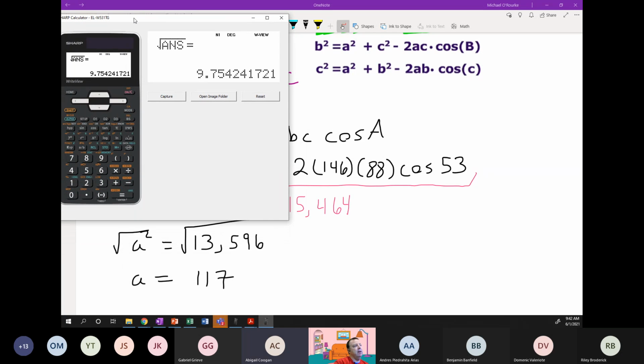So try to type it in like this, Abigail. Just go -2 times 146 times 88 times cos 53. I got -1361888. Okay, is your calculator on degrees up top or rads?